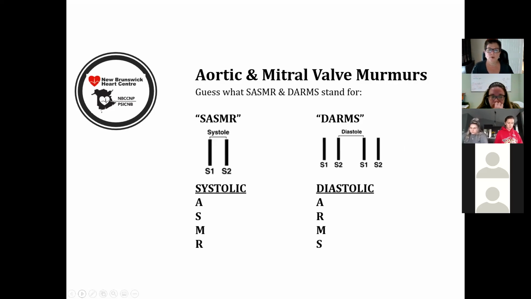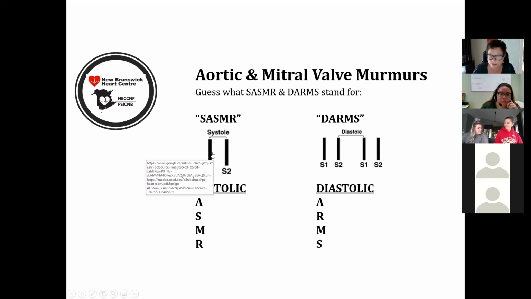And so when we think of Sasmar and Darmus, it's a way of discerning which is a systolic murmur and which is a diastolic murmur. So a systolic murmur happens between your lub and your dub. So S stands for systolic.